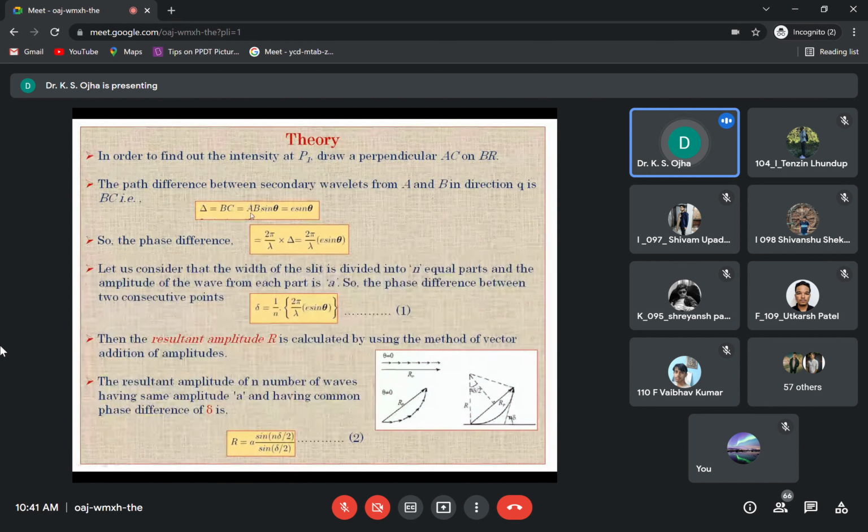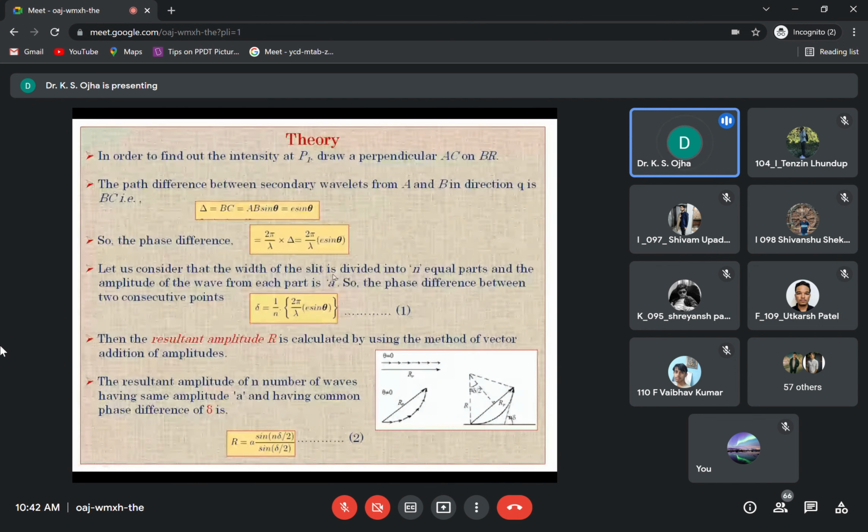Since AB is equal to e, the width of the slit, the path difference is e sin theta. And since we have found the path difference, the phase difference will be equal to 2 pi by lambda into path difference, so this is 2 pi by lambda into e sin theta.